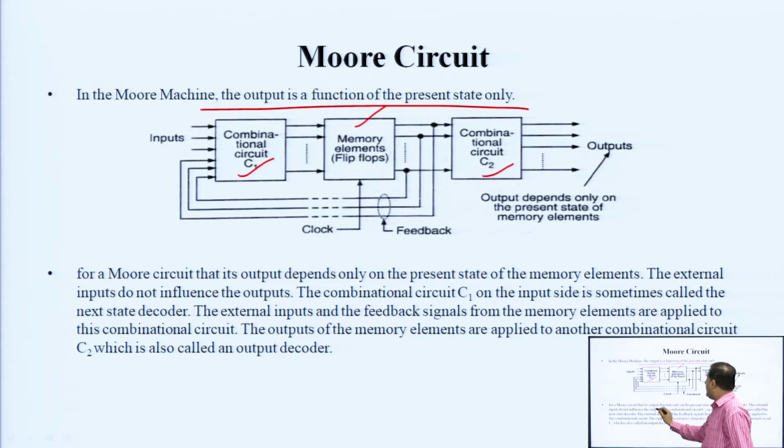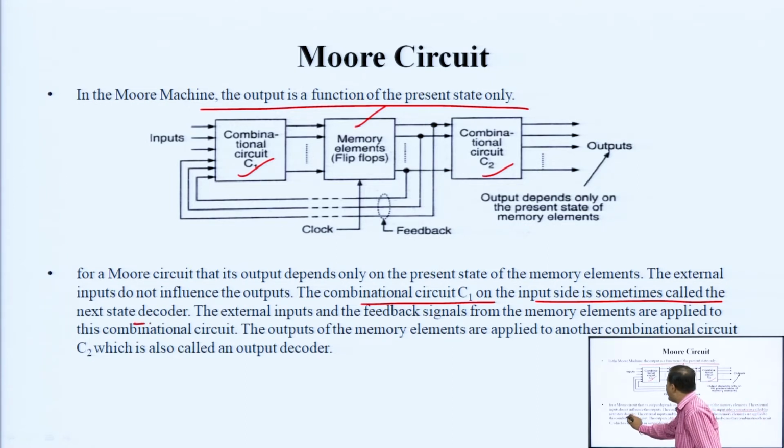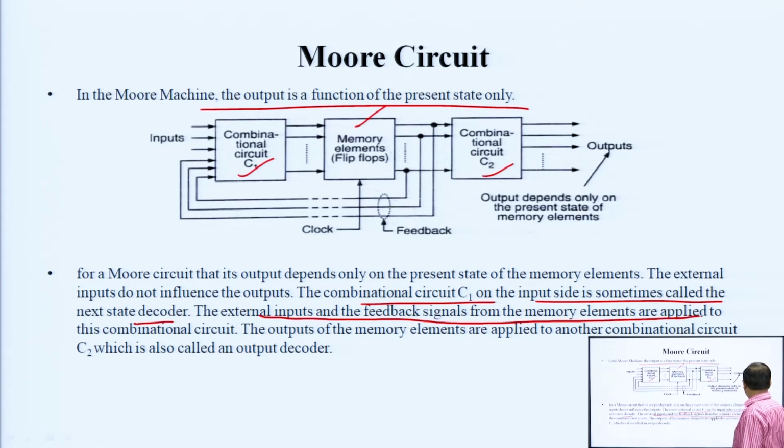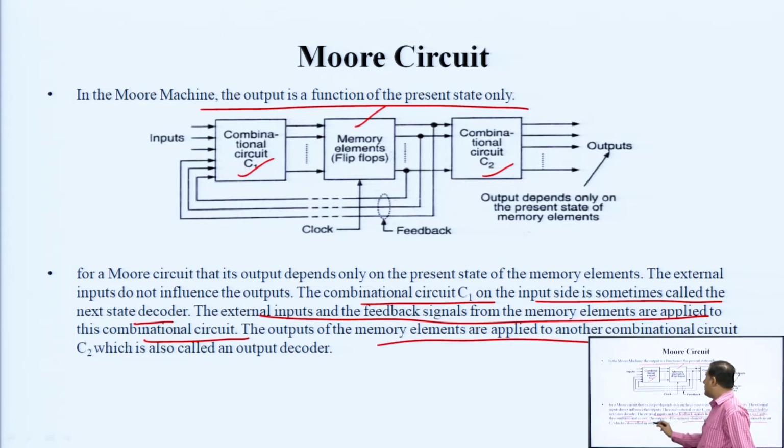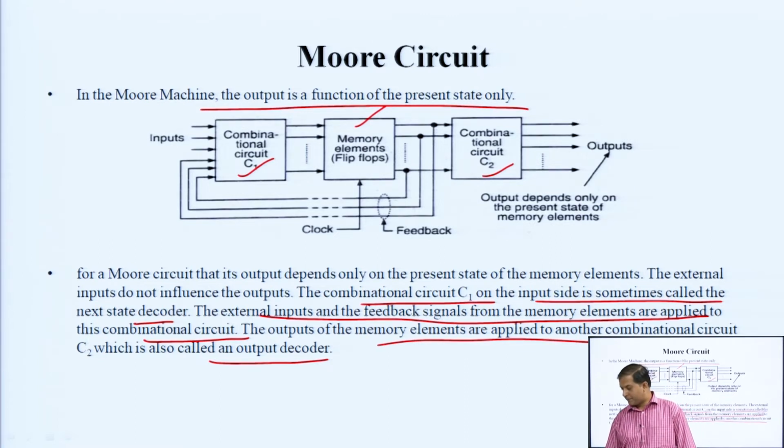The combinational circuit C1 on the input side is sometimes called the next state decoder, and the external inputs and the feedback signals from the memory elements are applied to this combinational circuit. The outputs of the memory elements are applied to another combinational circuit C2, which is also called an output decoder. So, these are the two circuits, Mealy and Moore.